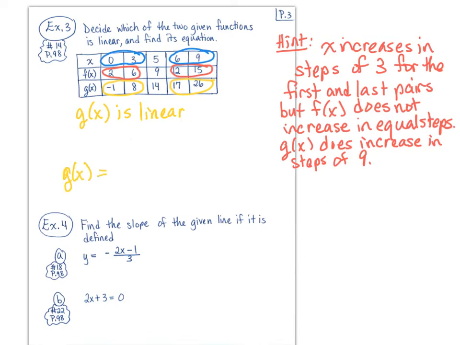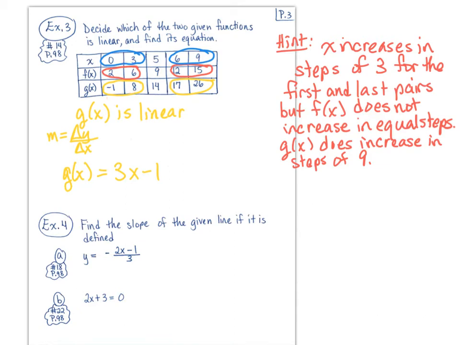Very good. G of x is equal to 3x minus 1. Does anyone need to see the work in order to get there? Yeah. Okay, so remember your slope is your change in y over your change in x. Here we circle the y's, and these are the x's. You can just use one of these points, or you can just use your change, right?